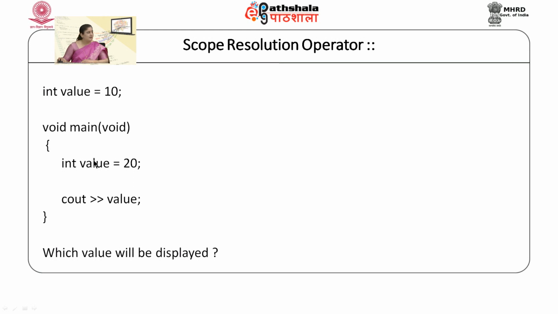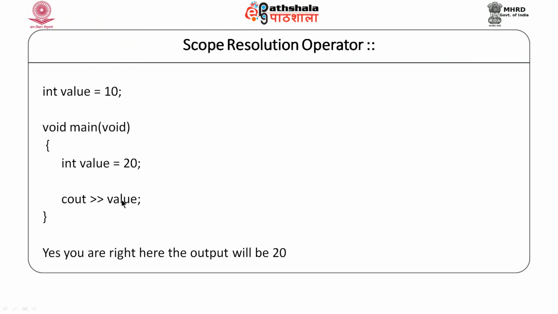Therefore, we can have this kind of declaration. Now, when I try to print the value of value, which value will be displayed? Well, you are right. Here the value of this variable will be 20 and the output that will be displayed will be 20.